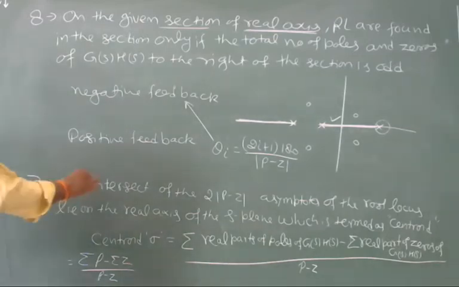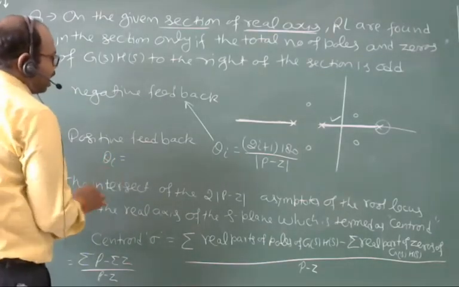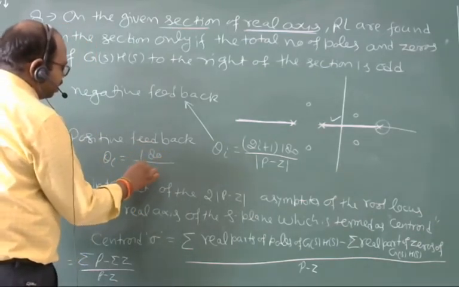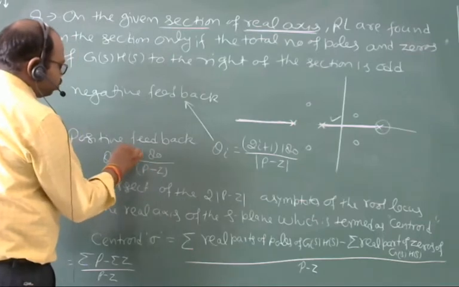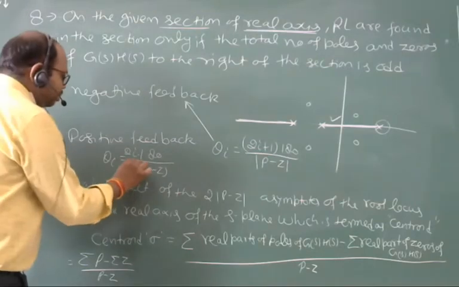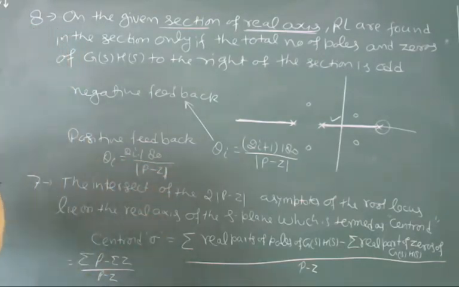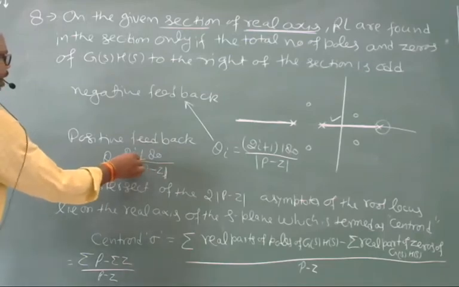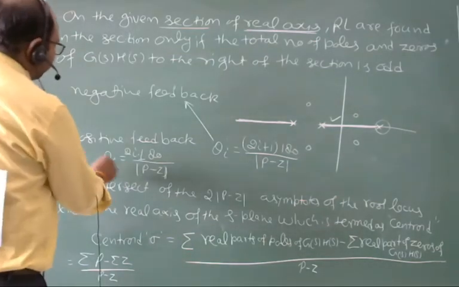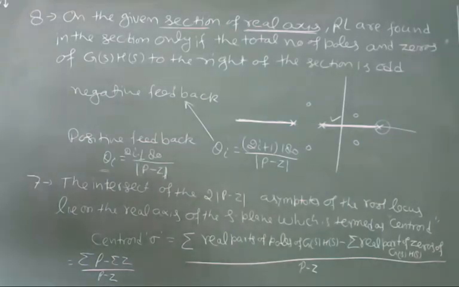But for positive feedback, theta i will be 2i into 180 divided by P minus Z. This will be the angle of asymptote in case of positive feedback.